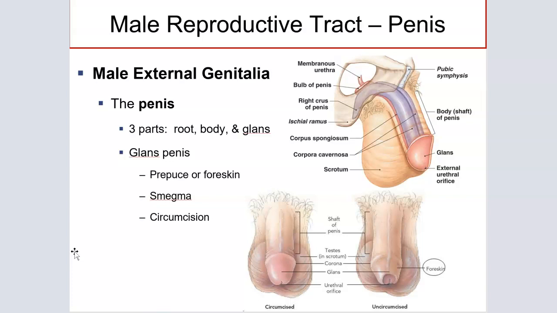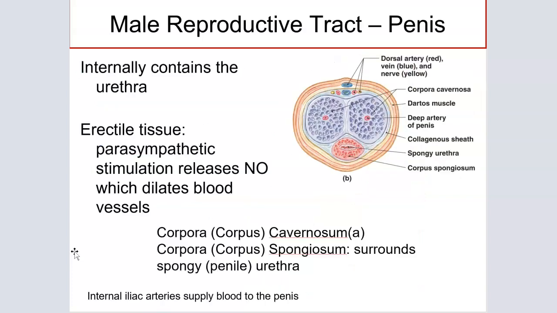And then if we were to look inside the penis, notice that you have this blue and red sponge-like stuff. We already have the urethra, but it's going to have this special erectile tissue. And there's two of these. It's called the corpora cavernosa, or you can call it the corpus cavernosum. You can pick your first word, corpora or corpus, pick your second word, cavernosum or cavernosa.